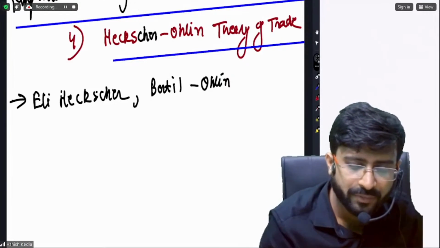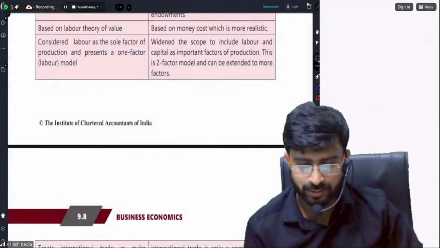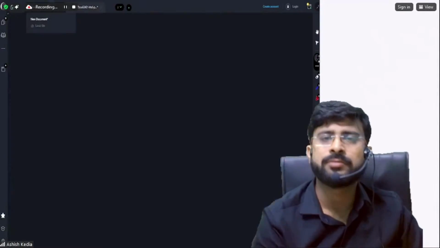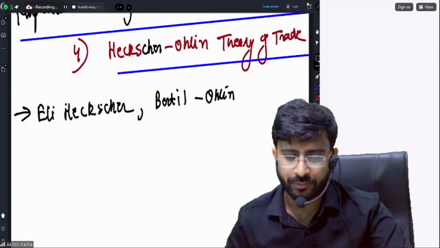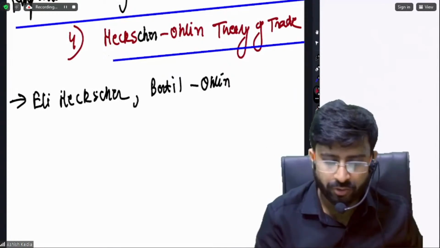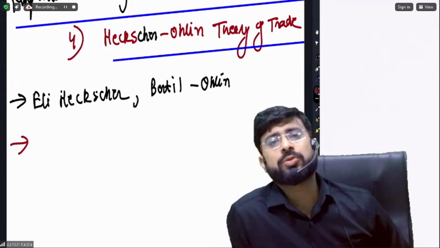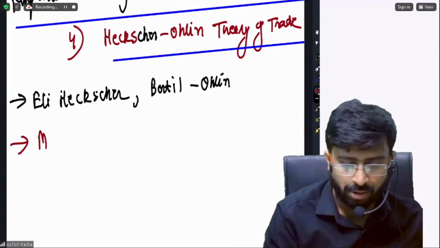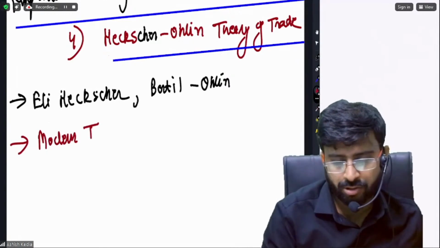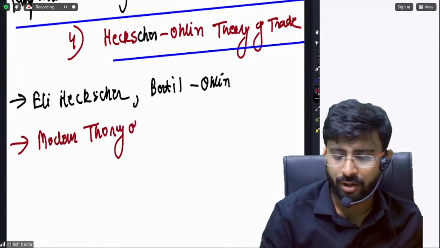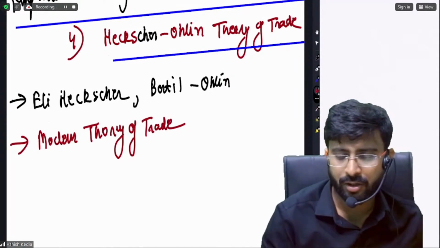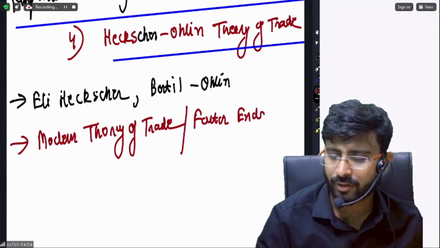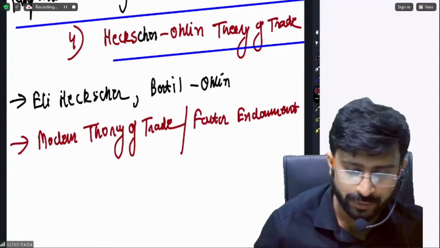Here are their names. Got it? This theory is also known as the modern theory of trade or factor endowment theory.